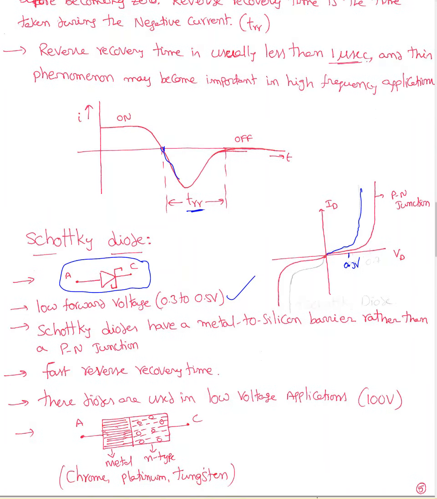For the metal, we use either chrome, platinum, or tungsten. The advantages are a low voltage drop across it and a fast reverse recovery time. The disadvantage, which I think I showed you already, is that it can handle only a small amount of voltage, current, and power.